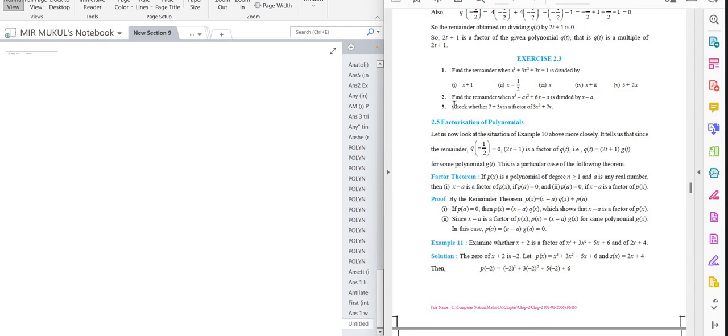Question number 2. Find the remainder when x cube minus ax square plus 6x minus a is divided by x minus a. Now, answer 2.